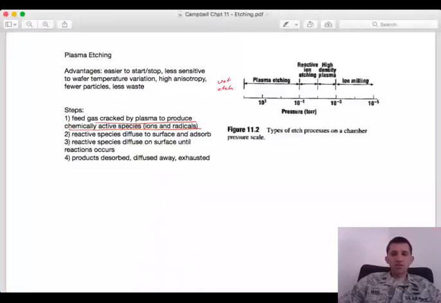And so this step would be necessary when you're making really small features, because remember, when we're making small features, one of the tricks we use to achieve higher resolution is increasing the numerical aperture of our projection system.